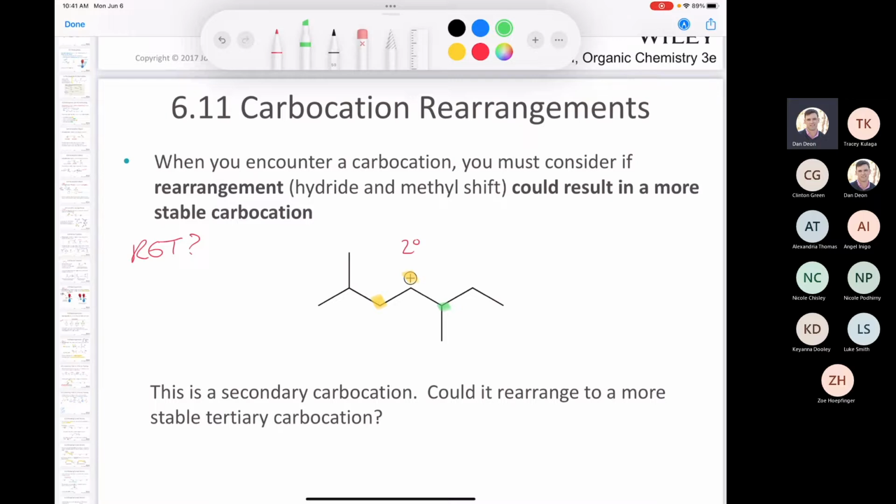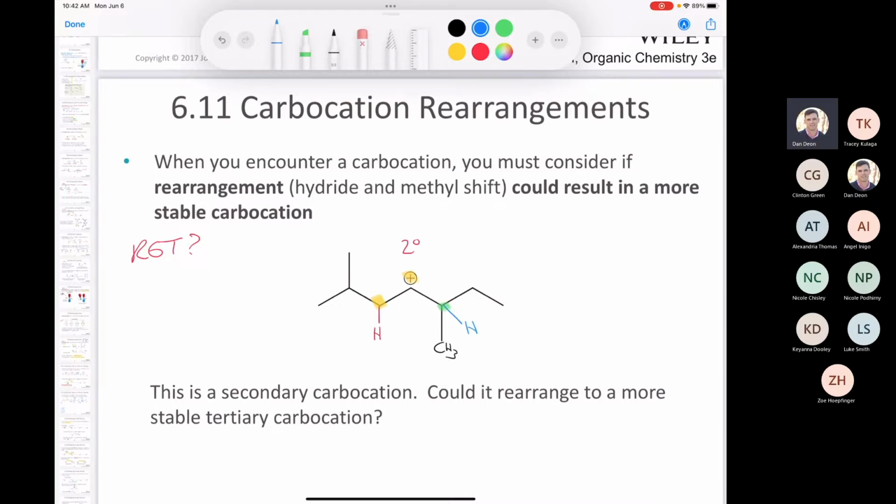On the one in red, the only thing we have are 2 protons, right? These 2 protons. Since they're both identical, I'm just going to write one of them in. So there's a hydrogen. Whereas on the carbon in green, there's the methyl group on it, and there's also the hydrogen.